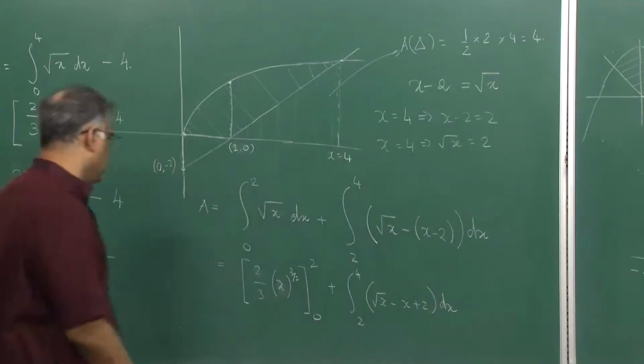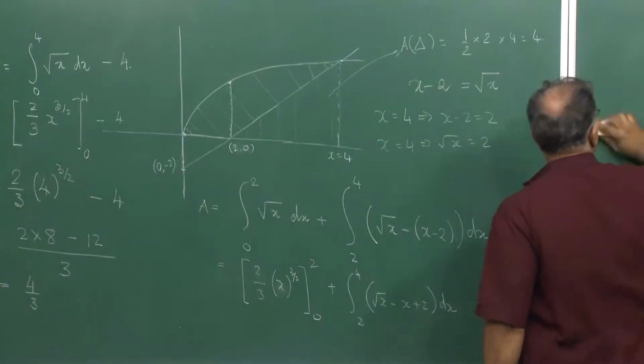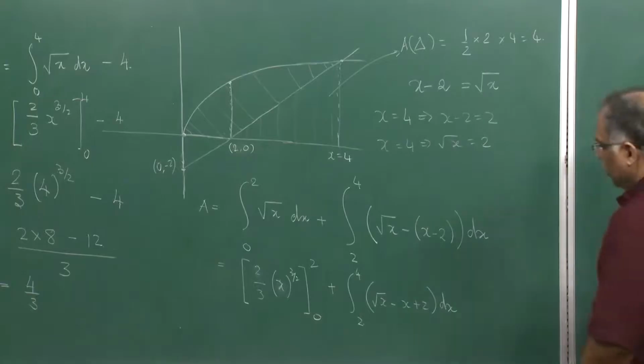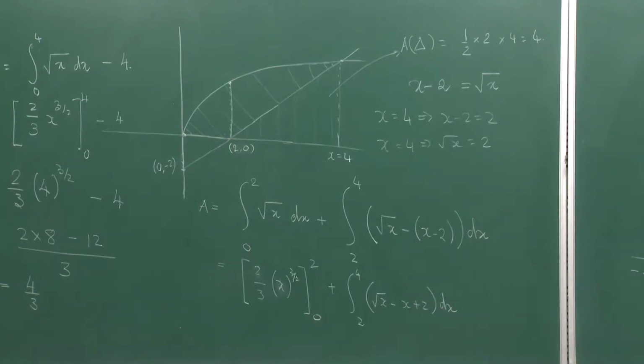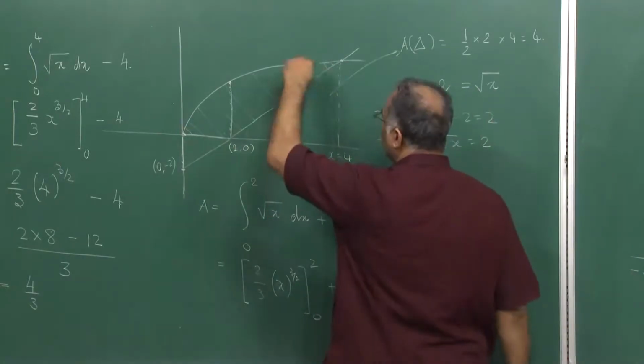So let us do the computation. I think this should match, because I do not see any logic why it should not match. So these are the trials. In mathematics, that is the way you do. Maybe I am making a mistake, but that is what I see.